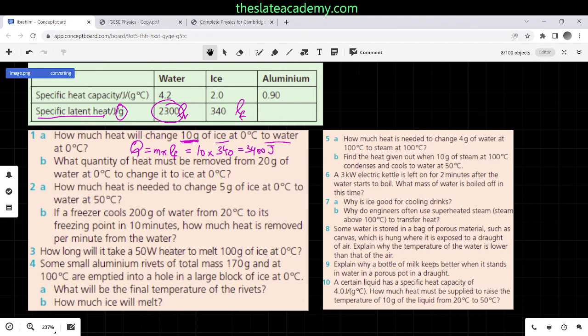You took what? That is specific heat capacity. That is C. Why are we taking this 340? Latent heat. And why are we using latent heat over here? What's the formula? Why are we not using the formula mc delta theta over here?